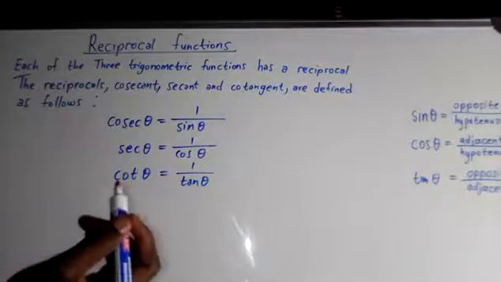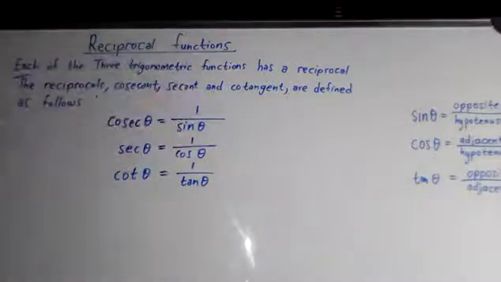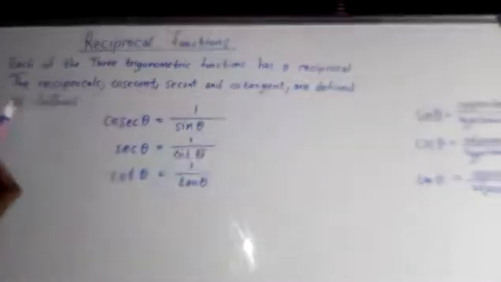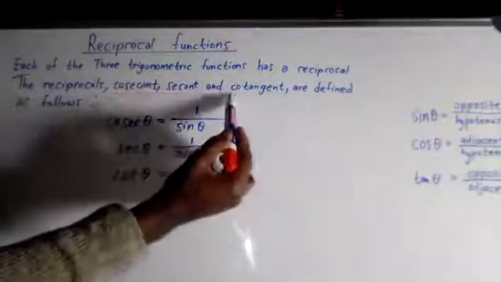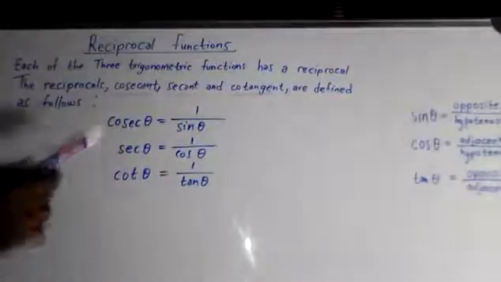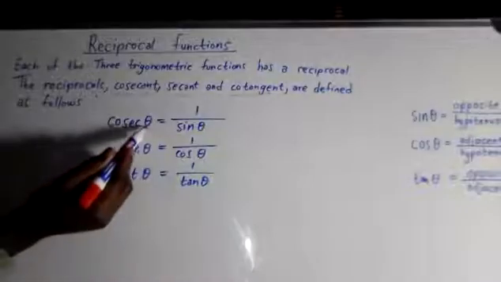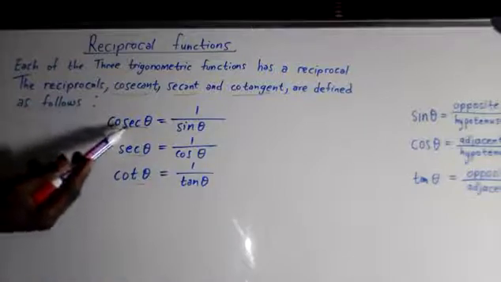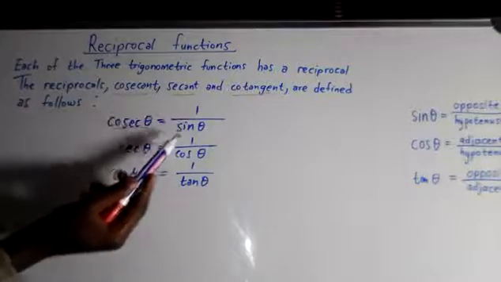Last but not least, I'll conclude this lecture with reciprocal functions. Each of the three trigonometric functions has a reciprocal. The reciprocals, cosecant, secant, and cotangent, are defined as follows. These are the full names. To define them, we use short notation names. The cosec of an angle theta is equal to 1 over sine theta.